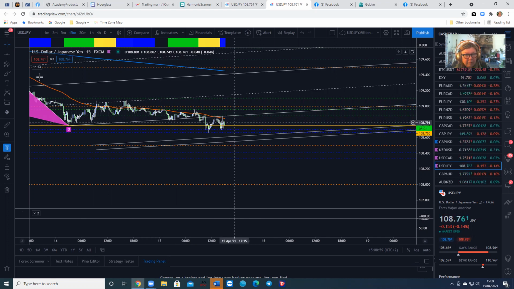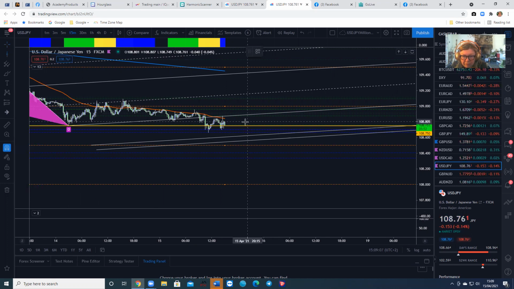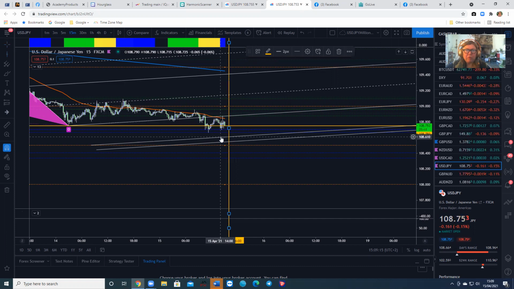So we may see a move after the next hour. I'm just going to put a vertical line on here at 4 o'clock my time, which is 3 o'clock UK time. See how far it gets in making headway there.